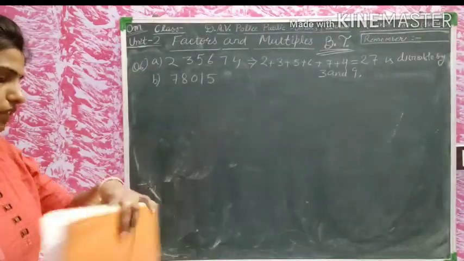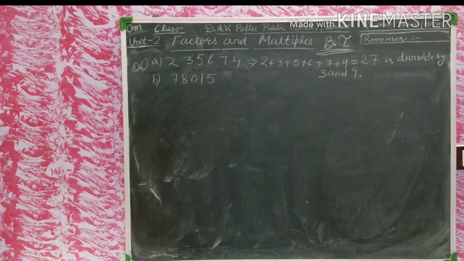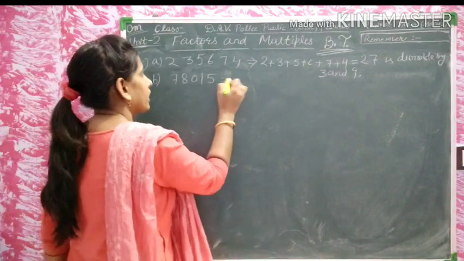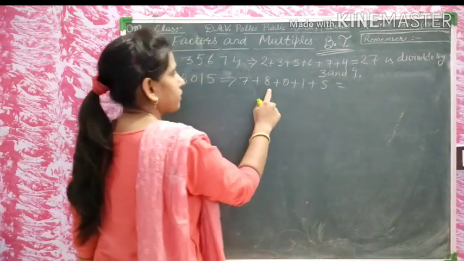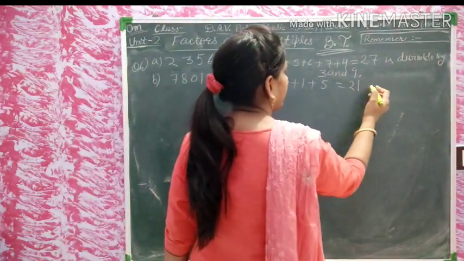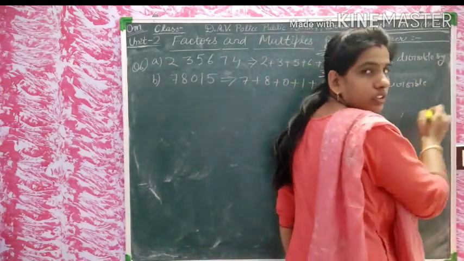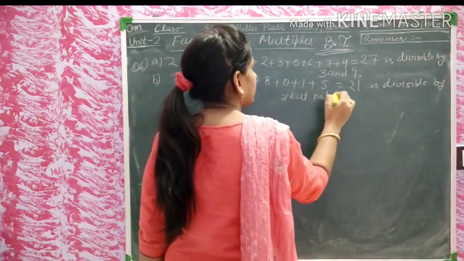In the next case, the number is divisible by 3 but not by 9.